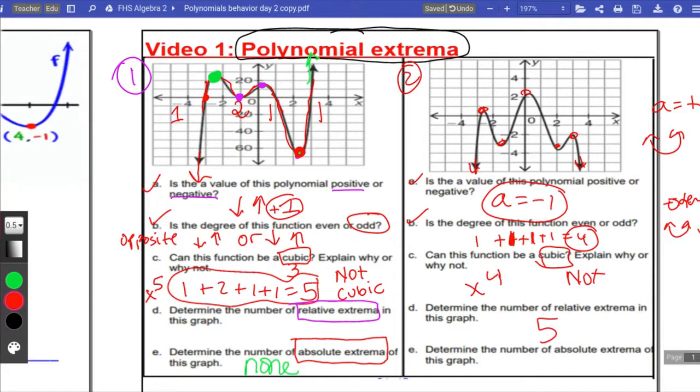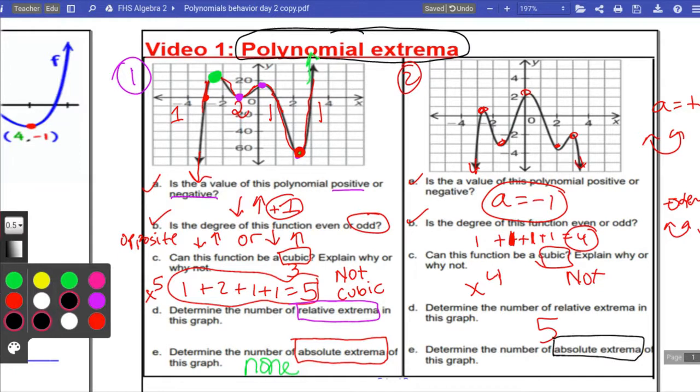Now, out of all your 5 cousins that you see over here, we want to know how many absolute extrema, like the highest of them all. In this case, we do have some. It's right here. We have the highest, the absolute maximum.